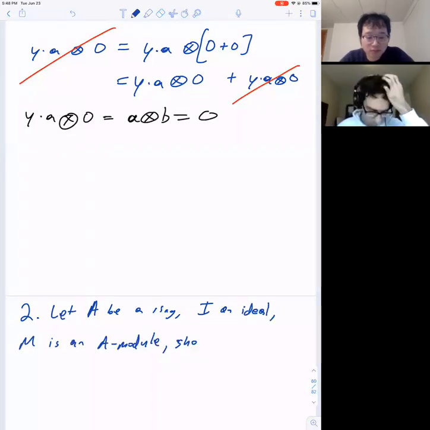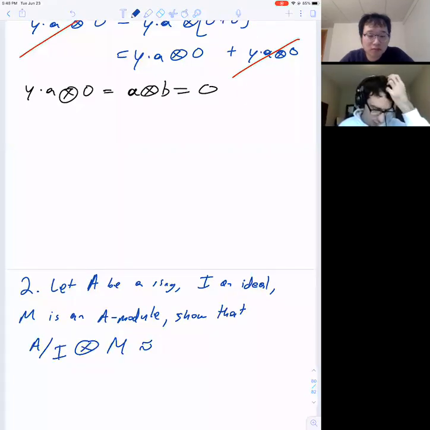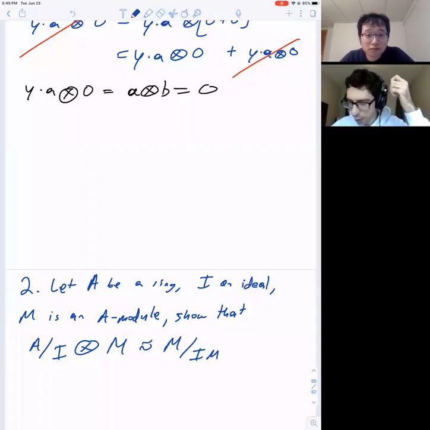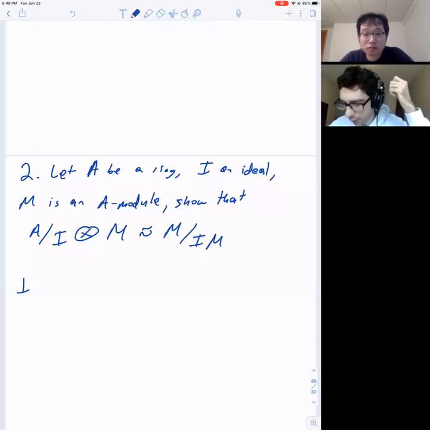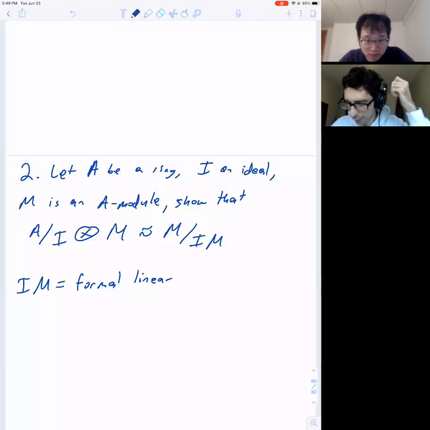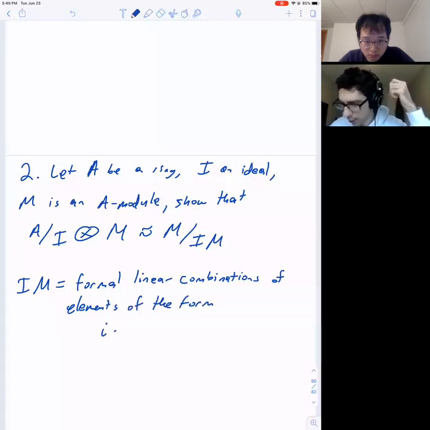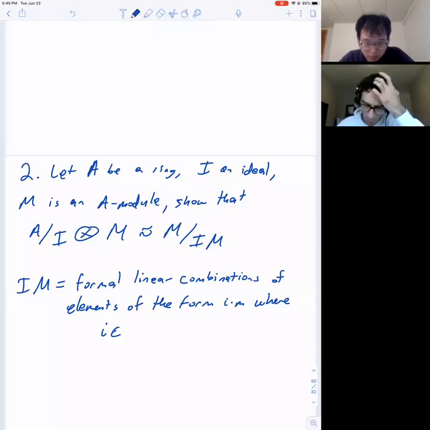Show that A mod I tensor product M is isomorphic to M mod IM, where IM is the set of all formal linear combinations of elements of the form, let's say, i times m, where i is in the ideal I and m is in the module M.